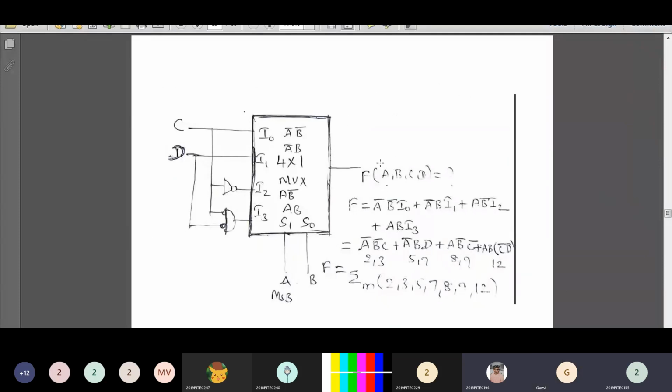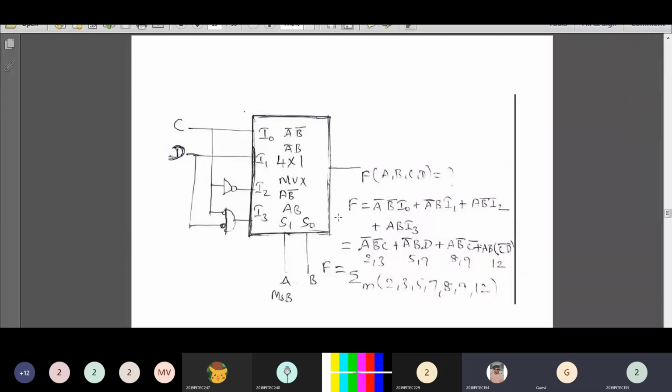Now you have to write the output expression for this 4 cross 1 mux. First you have to write the min terms for the selection input. When S1 and S0 are 0, 0, I0 is connected to the output, and when S1 and S0 are 0, 1, I1 is connected to the output.